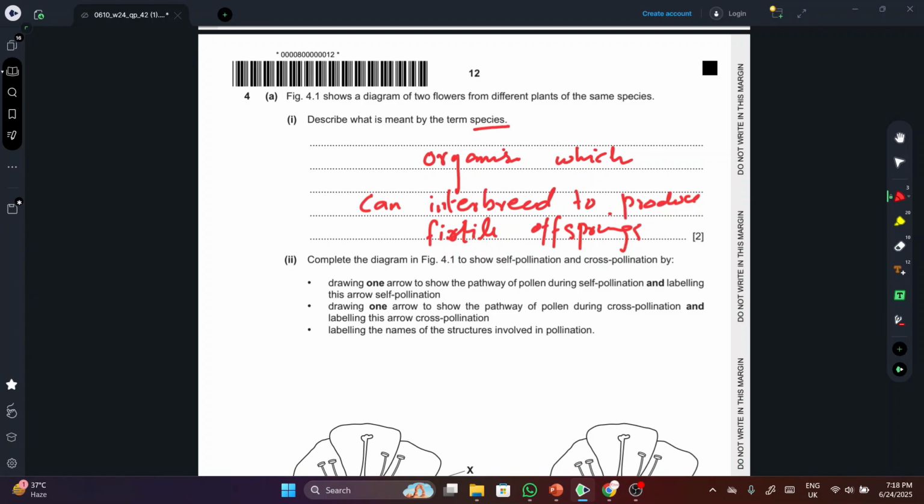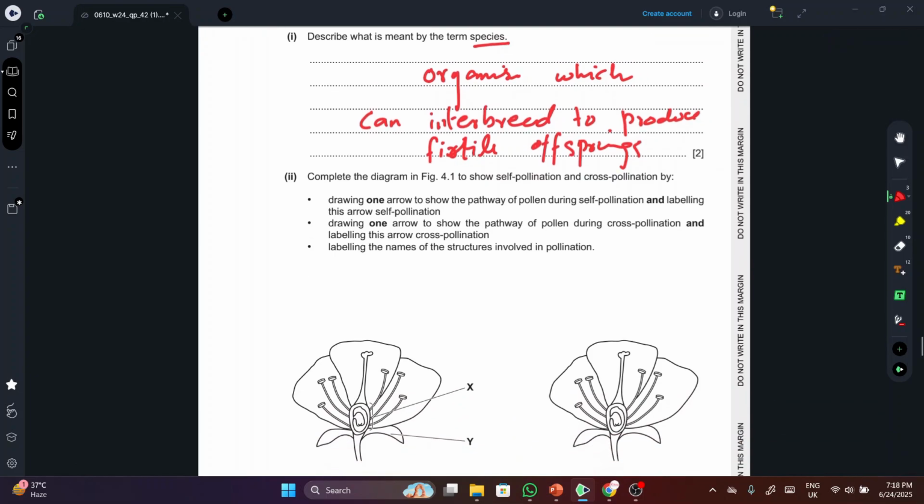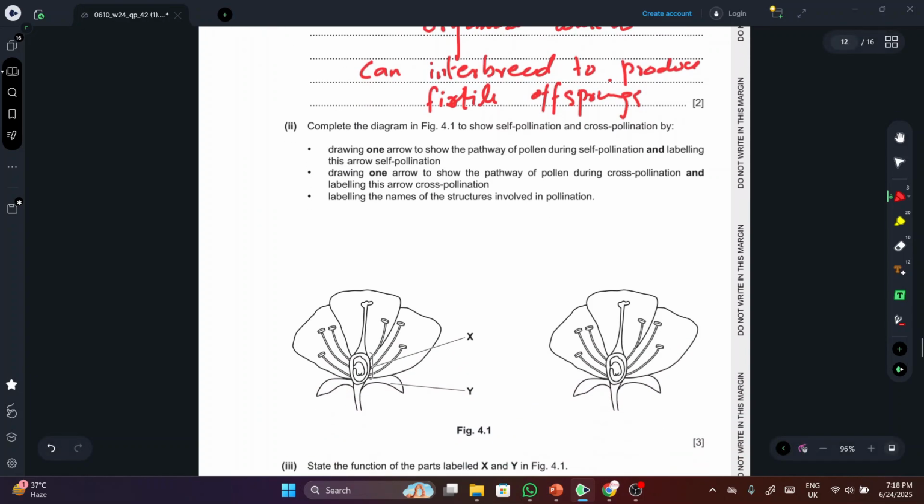So if the organisms are able to interbreed and produce fertile offspring, they have the same physical features, they are morphologically and physiologically the same, and then they interbreed to produce fertile offspring, so they belong to the same species, meaning they will be able to continue generations.